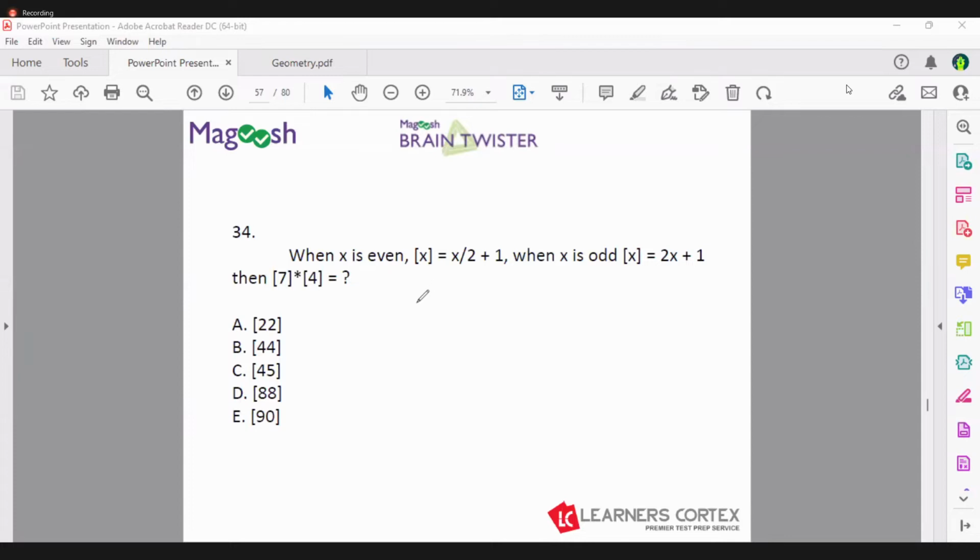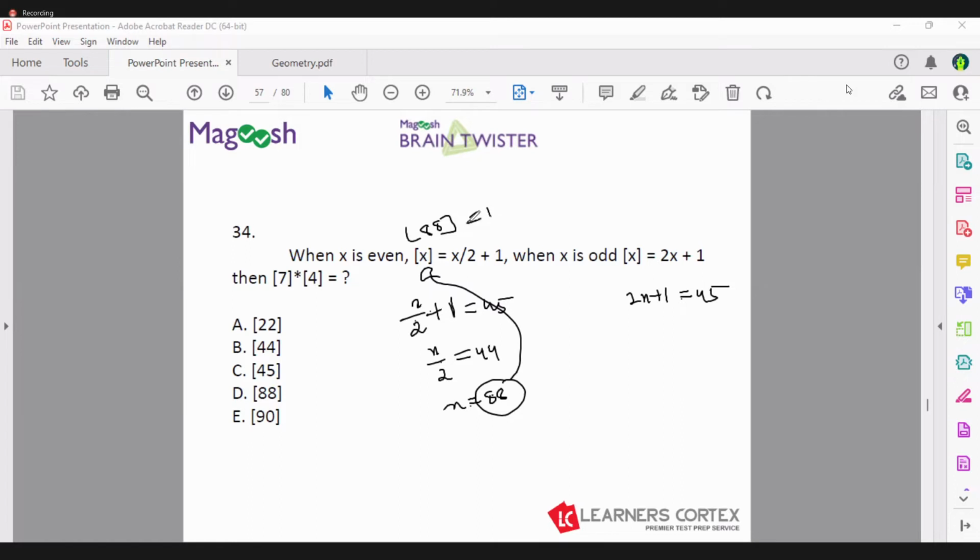So there are two possibilities. Either an even number can give 45, or an odd number can also give 45. Okay. So if it is an even number, then the result would be x by 2 plus 1 equals 45, so x by 2 equals 44, or x equals 88. Okay. So 88 here would give us 45 as the value.